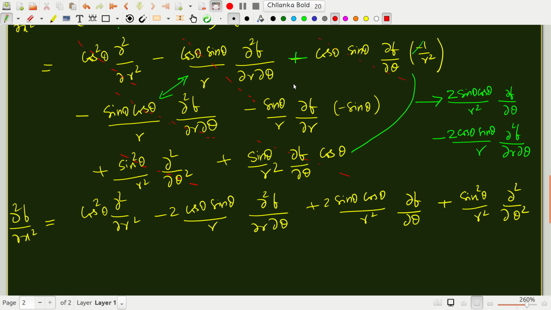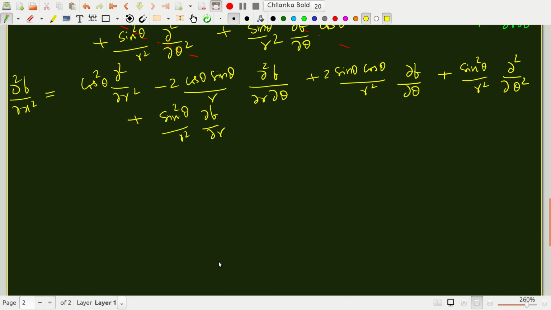We have not written this particular term yet. This has not been written. So we have to include this. This is nothing but plus, because there are two negative signs, sine squared theta by r squared partial f partial r.